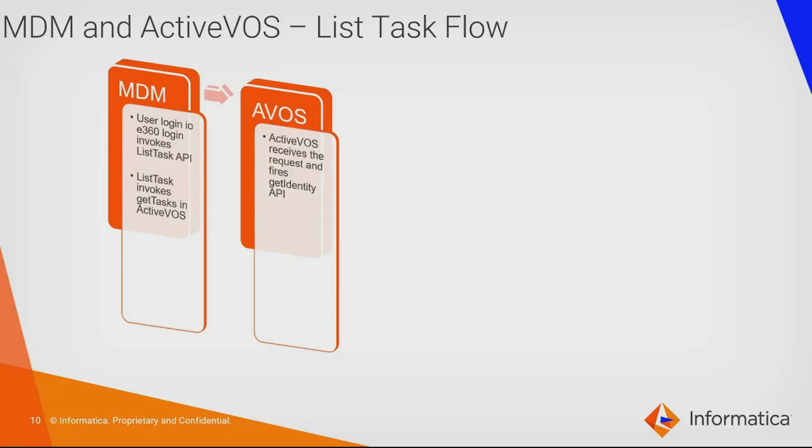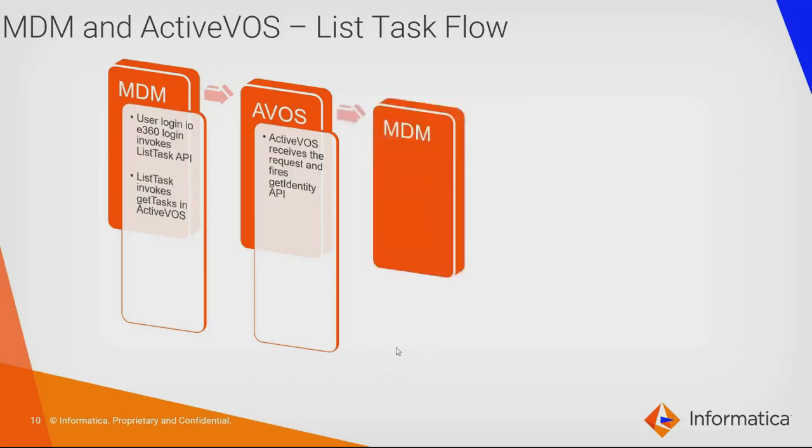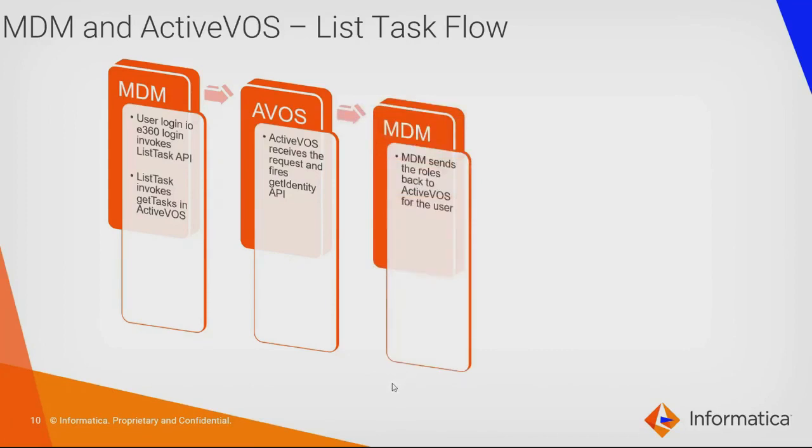If ActiveVOS does not return a task for the user, it means either the user doesn't have the right privileges because the identity service did not find the relevant roles for that user, or the identity service test itself failed, because probably the admin user in MDM is not correctly registered on the identity service screen to return roles to ActiveVOS for that user.